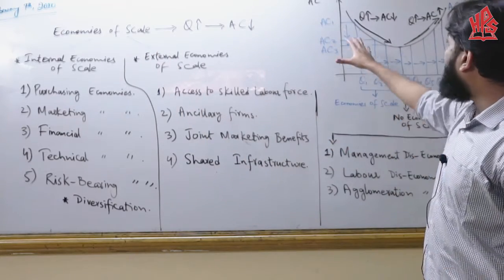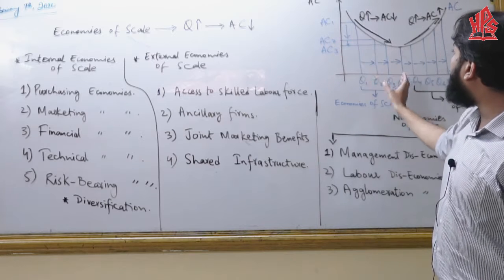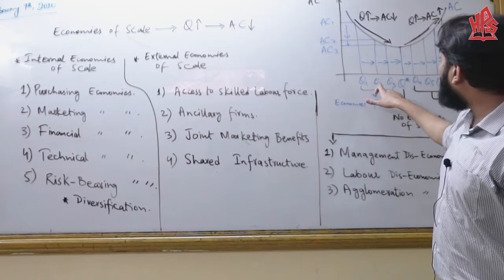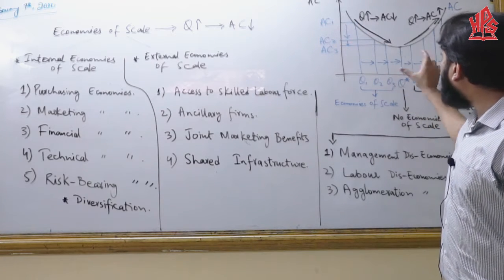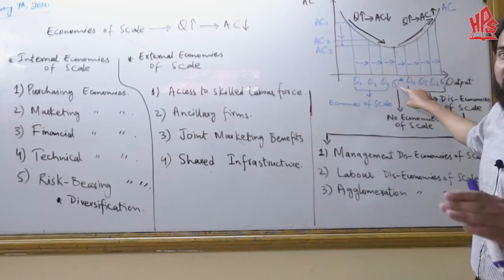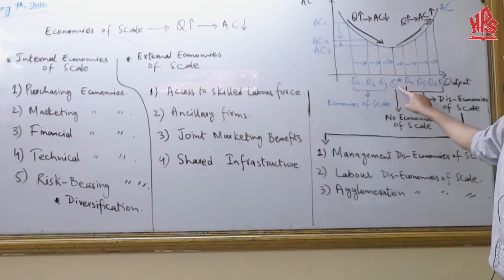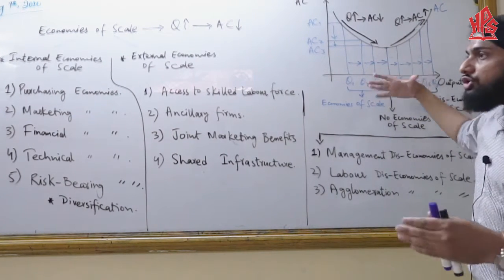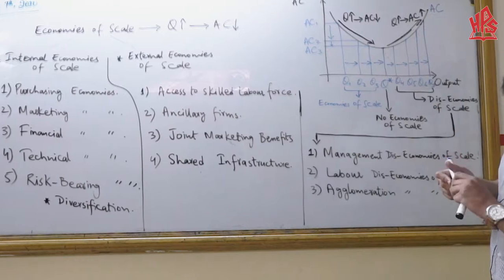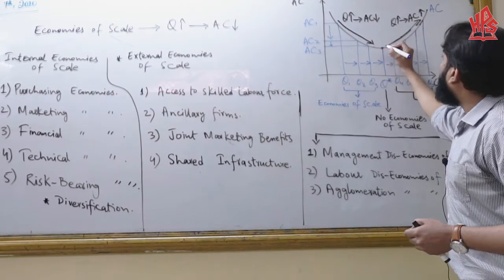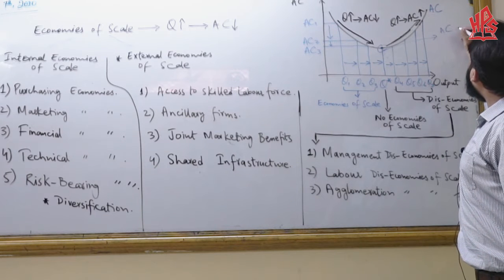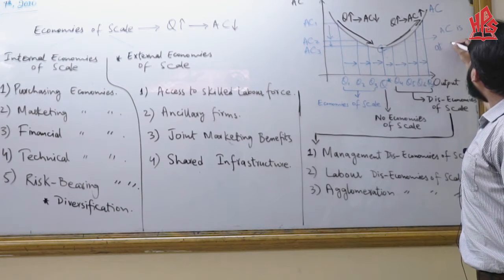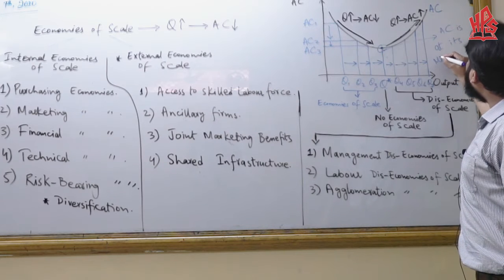Graphically we can also understand here that from Q1, Q2, Q3 till Q star, our average costs are decreasing, but at the point where Q star is produced, our average cost is at its minimum. This is the point where our average cost is at its minimum.